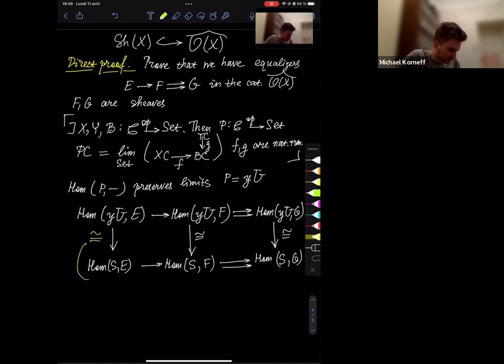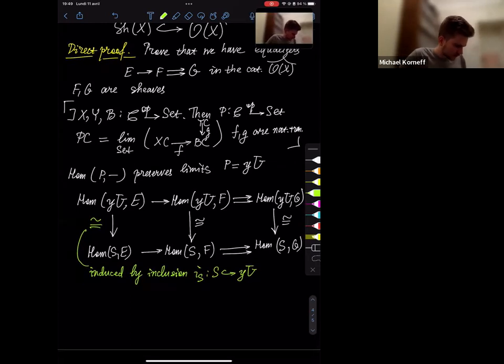This isomorphism will be induced by the inclusion of S into this representable functor.